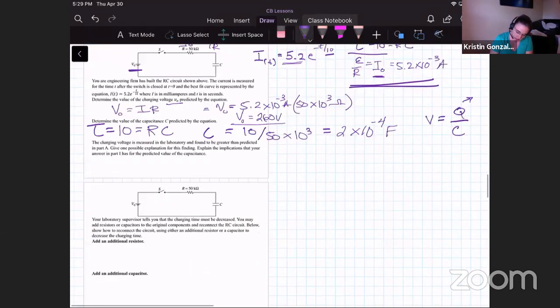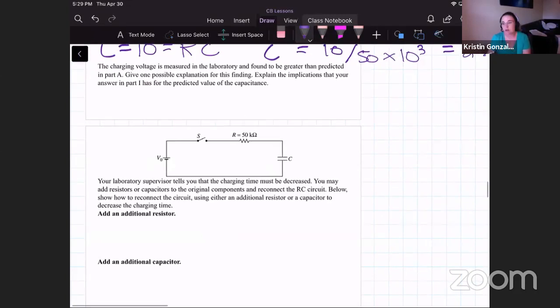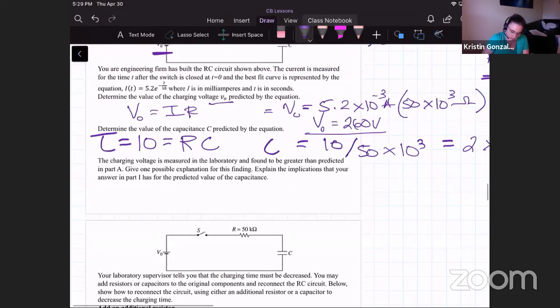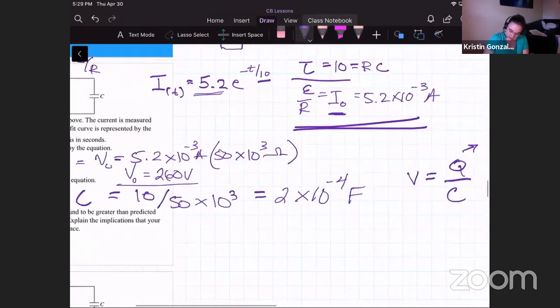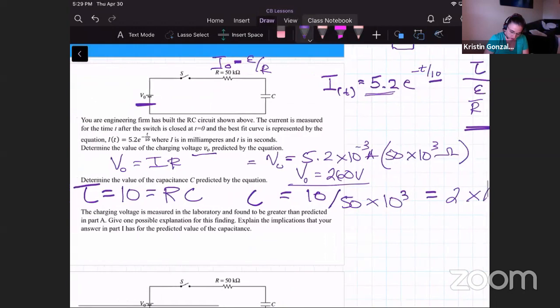Okay, so here's where we're going to have to put our thinking caps on and think through, and I'm going to give you some time to actually think about these questions, right? So I want you to be writing down your answers, and how would you respond if this was on the AP test, right? So the charging voltage is measured in the laboratory and found to be greater than predicted in part A. So we found that it should be, what was it, 720, right? Oh no, 260, sorry.